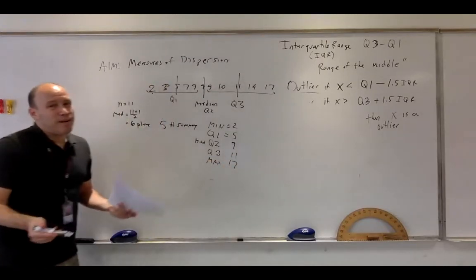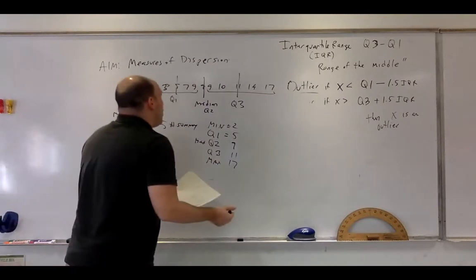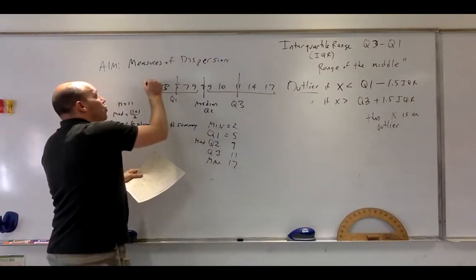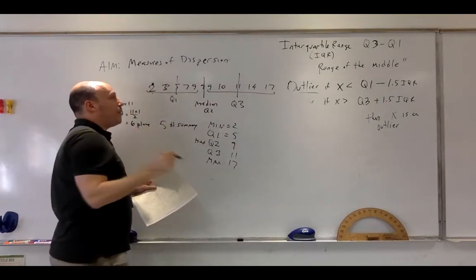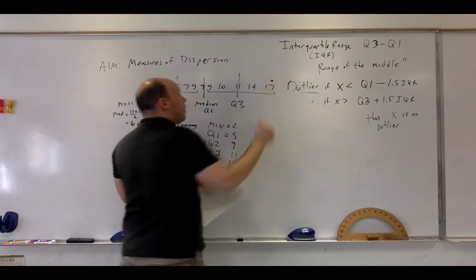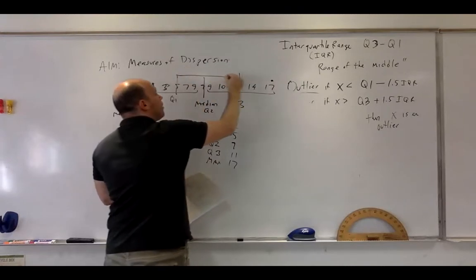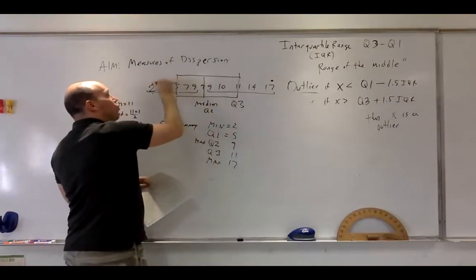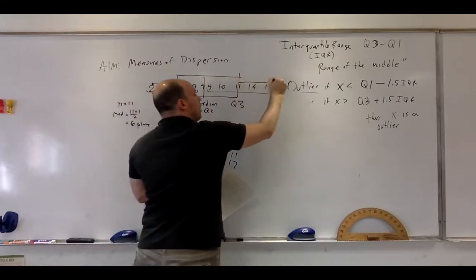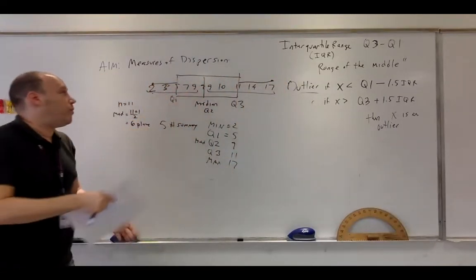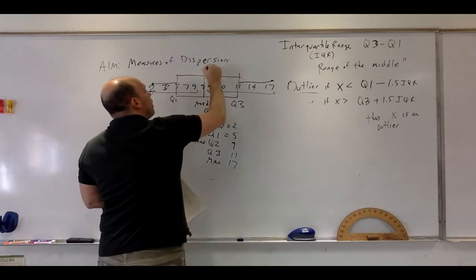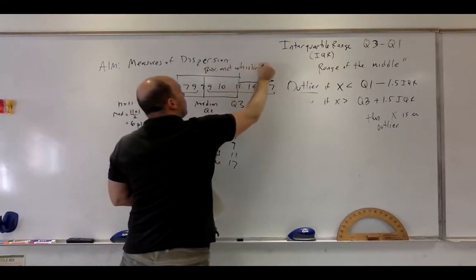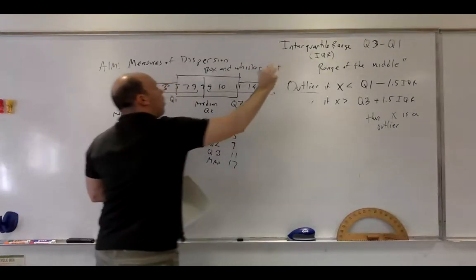And in maybe previous classes, what you did was you created a box and whisker plot. Basically, you put a point at the minimum, you put a point at the maximum, you create a box including all the middle range, and then you just draw whiskers.